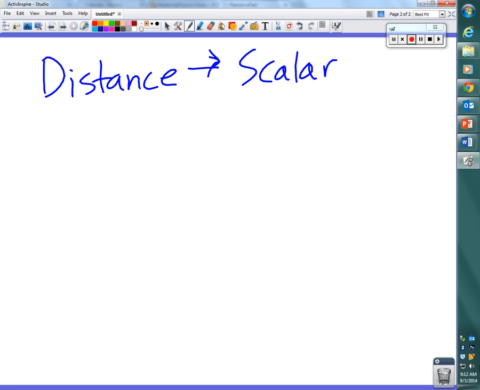A scalar quantity only tells us the magnitude of a measurement. So when we talk about the magnitude of something, what does that mean? How big it is, or how much of it there is. Distance is a scalar quantity. It only tells you how far you went, without regard for direction, right?